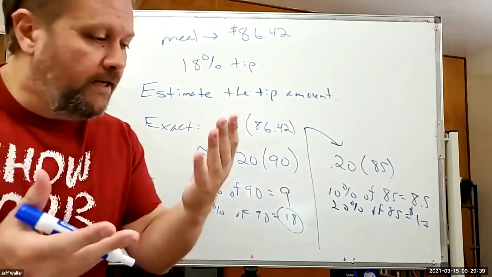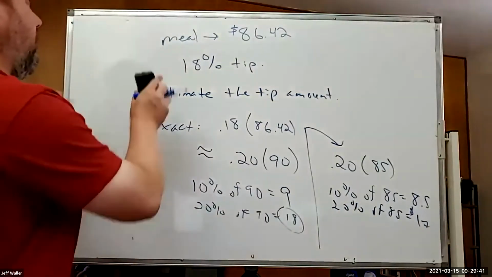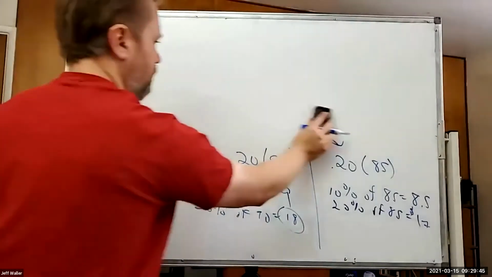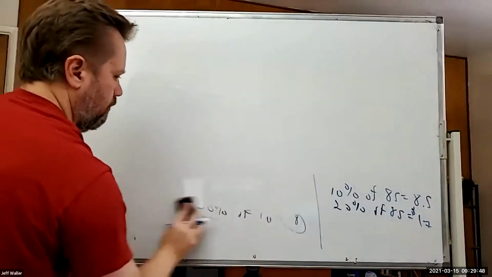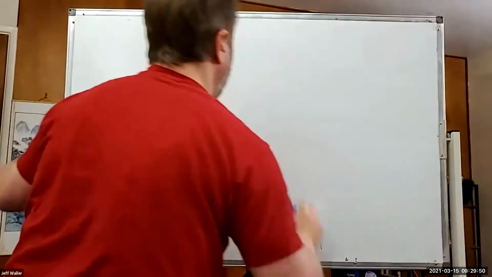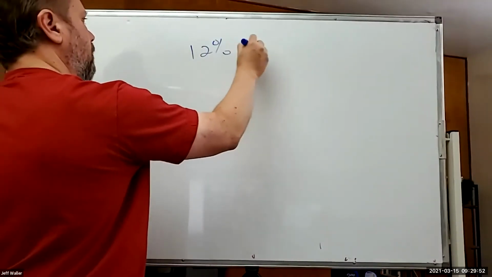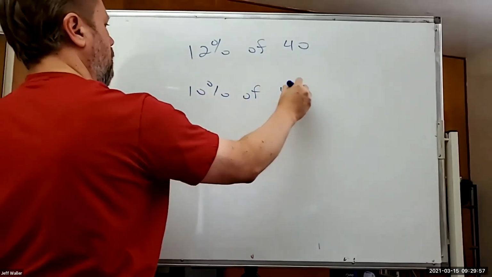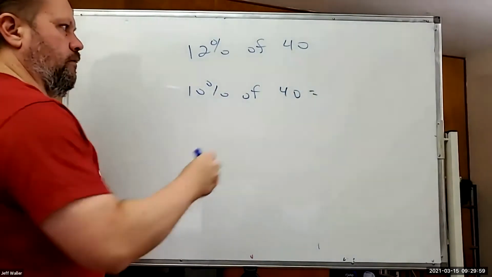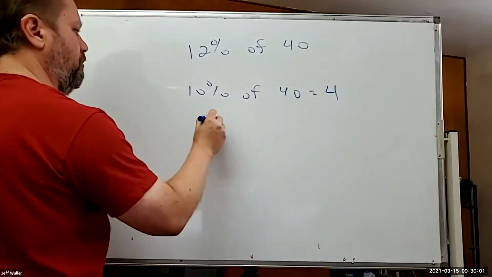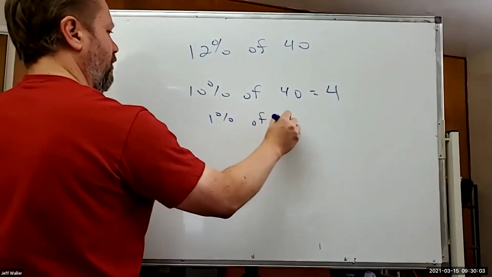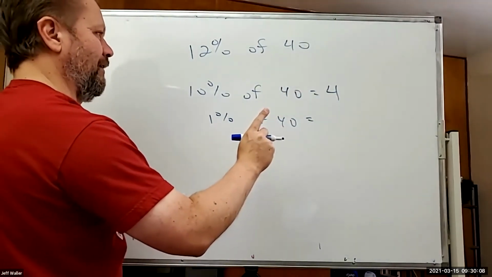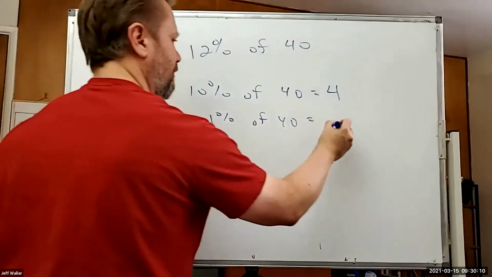That's the nice thing about percentages. Now watch this, one more thing with percentages. If I had to do 12% of 40, what's 10% of 40? 4. So what's 1% of 40? You can do it. 40 cents, 0.4, right?